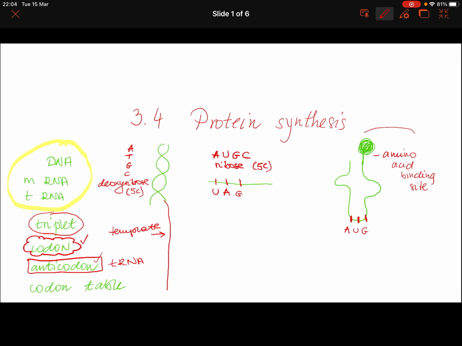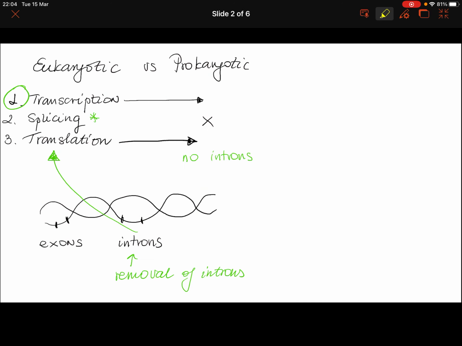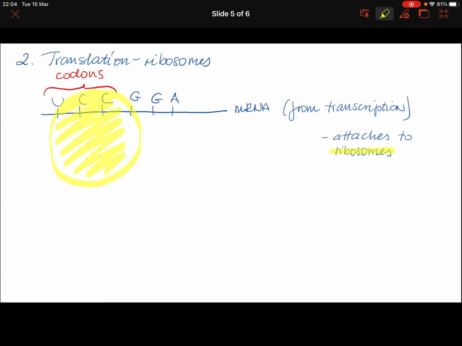So let's remind you quickly this was the structure of tRNA, which has anticodons, so the triplet on tRNA, and it also has the amino acid binding site. So the job of the tRNA in the process of translation is to, of course, bring amino acids.